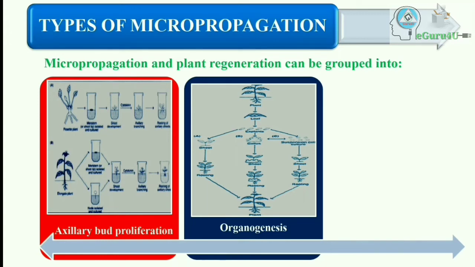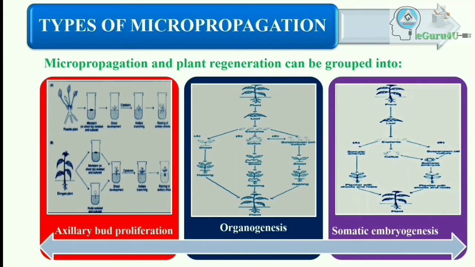Third type is somatic embryogenesis, which means the formation of bipolar structure, that is embryoid, either directly from explant, called direct somatic embryogenesis, or through callus derived from explant, called indirect somatic embryogenesis. The diagram shows the induction of somatic embryos either directly from the explants or from the callus or cell suspension culture.